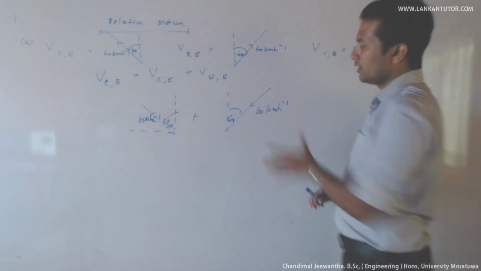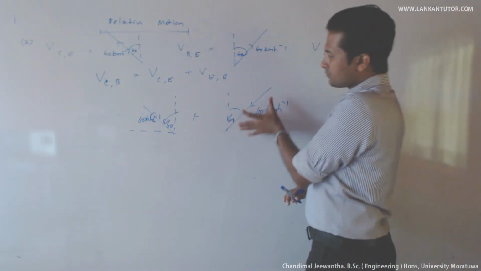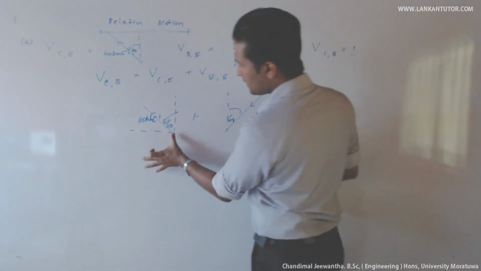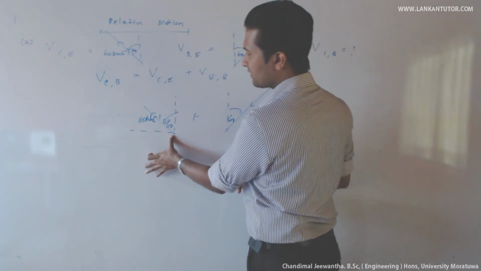Then what you have to do? This vector can be placed at this point. What is the reason?